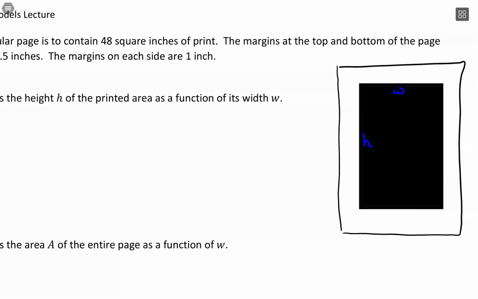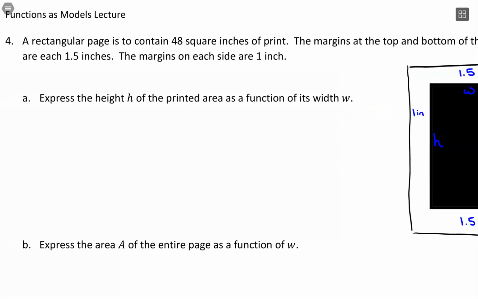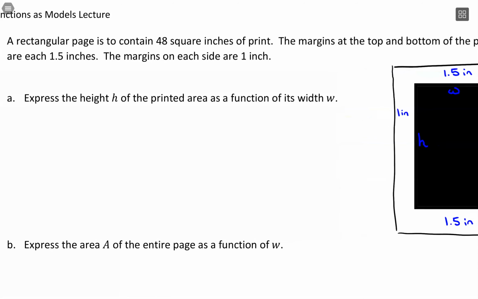And then we have margins on the paper. At the top and bottom, there are 1.5 inch margins, and on the sides, 1 inch. We can see that the area of the printed region is 48.